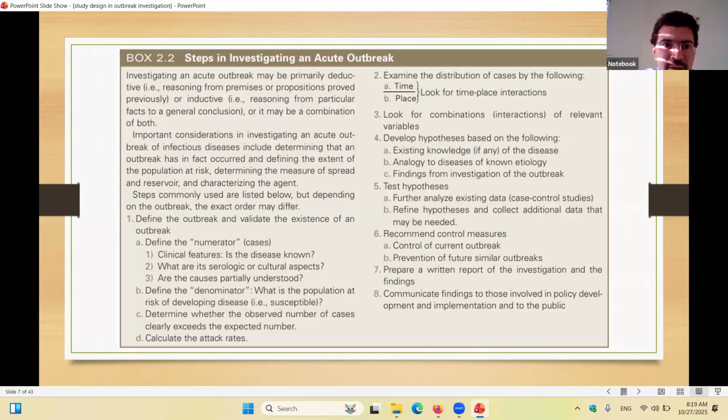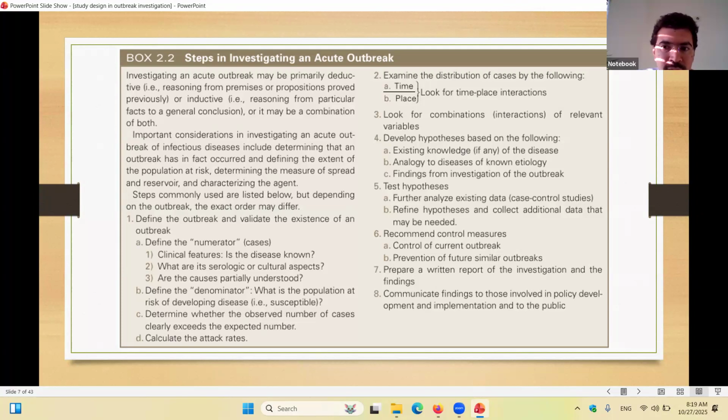Yes. This table is for outbreak investigation, the steps of outbreak investigation based on Gordis epidemiology. Why do I show you this slide? Because today I want to talk about descriptive and analytic studies in outbreak investigation.